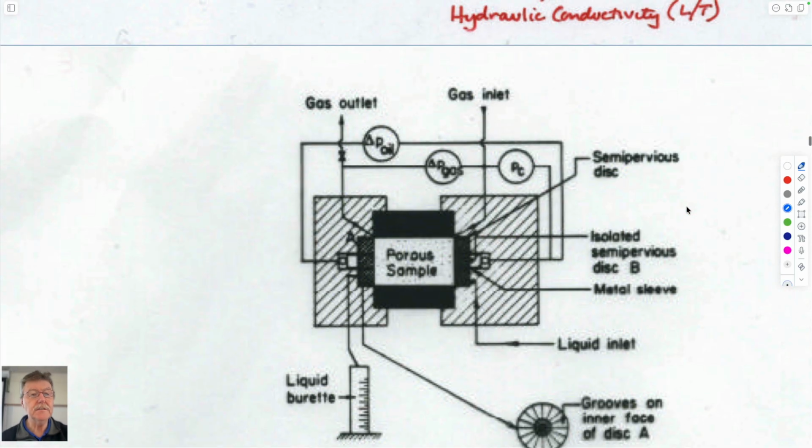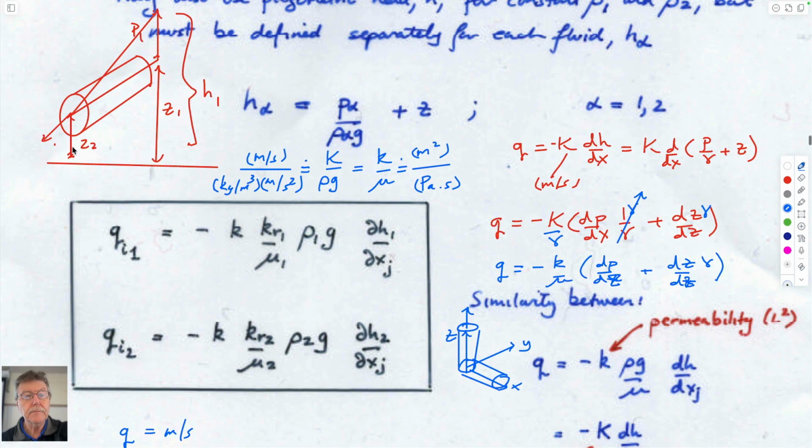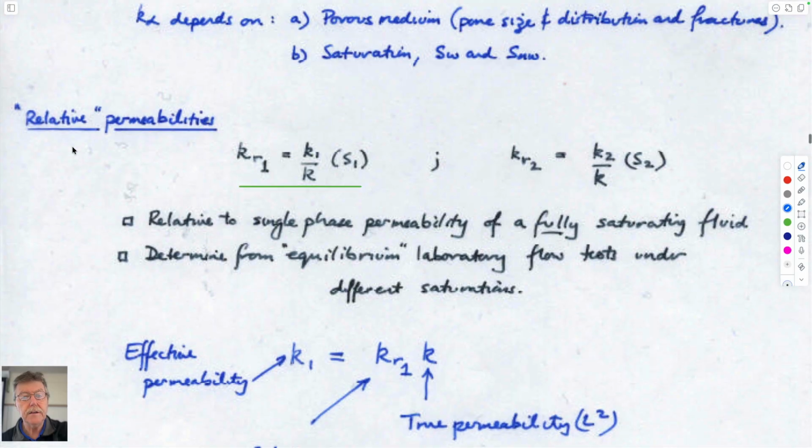The bottom line is that if we want to be able to calculate the volumetric flow rates of, how did we do it?